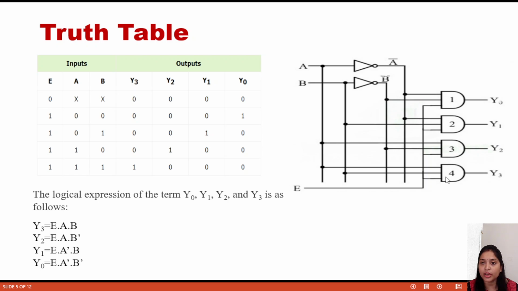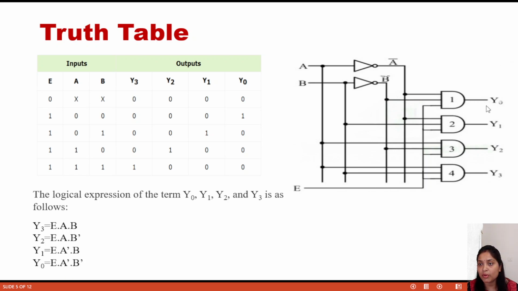Based on these logical expressions we will draw the circuit diagram. This is the 2 to 4 decoder circuit diagram, where there are two inputs and one enable input, and you can see 4 AND gates are required. First we consider Y0, which is A bar B bar.